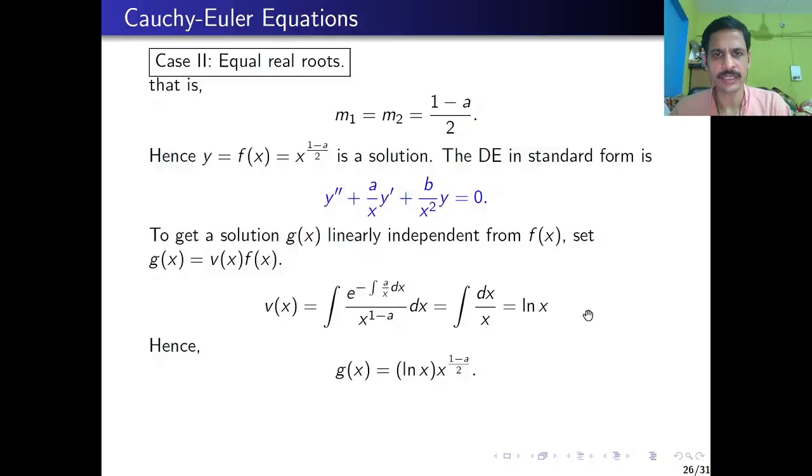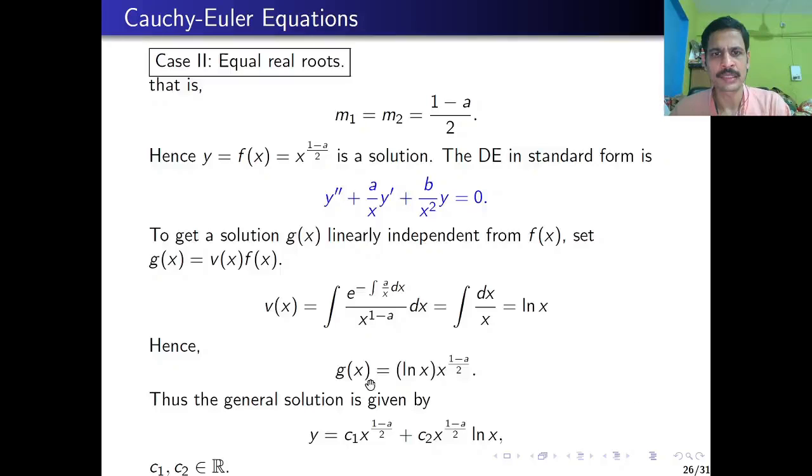We are not writing the integration constant. We don't need it for computing v(x). So we multiply v(x) with f(x) to get g(x), and g(x) is equal to ln of x times x raised to (1 minus a) by 2. So f(x) and g(x) are linearly independent solutions of the Cauchy-Euler equation when the auxiliary equation has equal real roots.